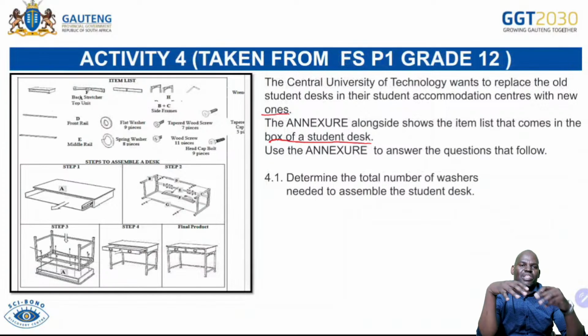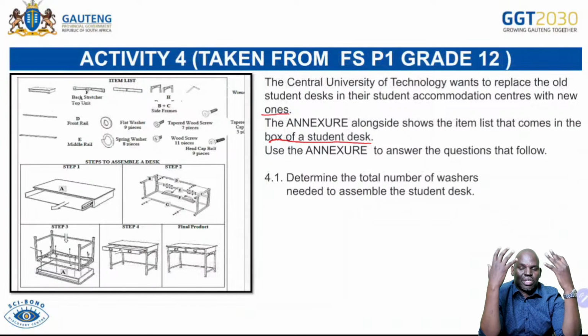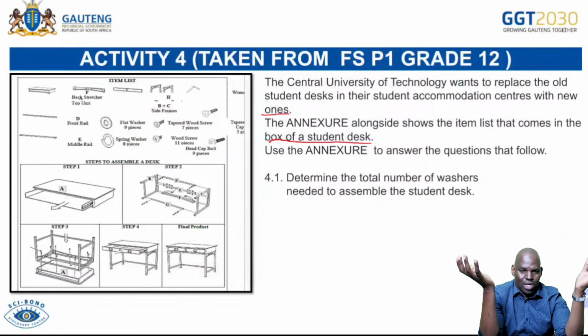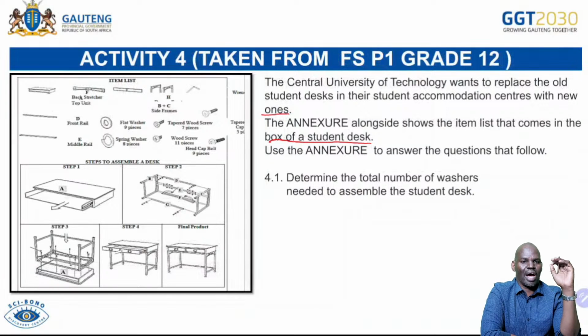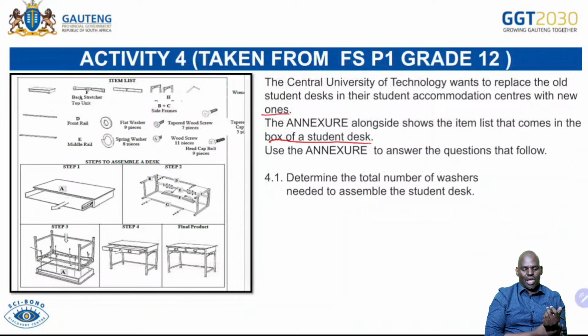Remember, in some cases, instructions might be given in the form of pictures or in the form of words. So it's very important that if the steps are given in words, you can read and relate, or if they are given in the form of pictures, you can interpret what is indicated on a picture.